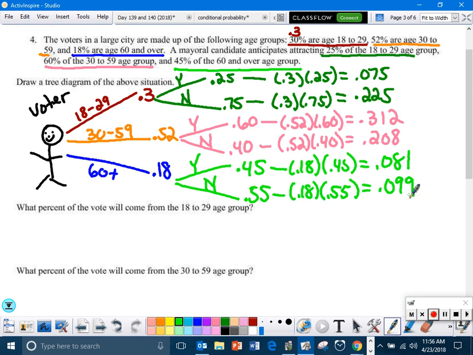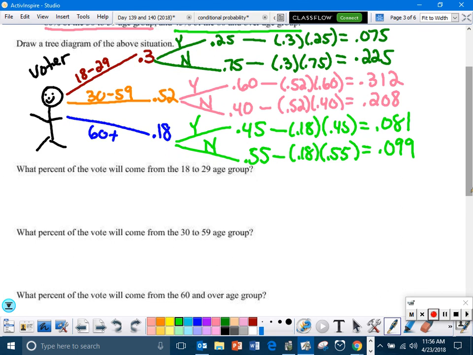The answers should be in our tree diagram. What percent of the vote will come from the 18 to 29 age group? Okay, well, that's the very first one, 0.075, which is 7.5%. What percent of the vote will come from the 30 to 59 age group?